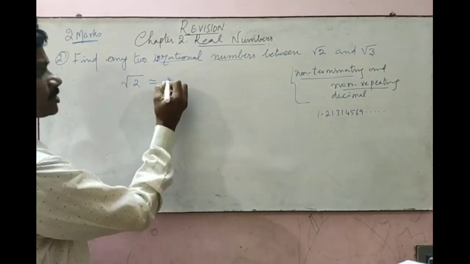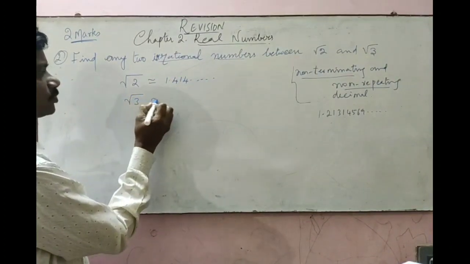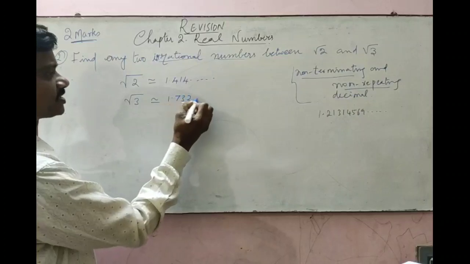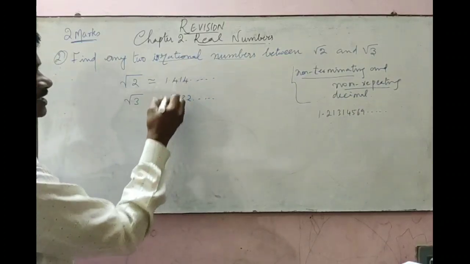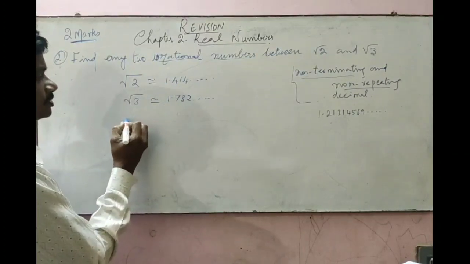Root 2 is approximately 1.414. Like that, the value of root 3 is approximately 1.732. So I am going to write 2 irrational numbers between 1.4 and 1.7.